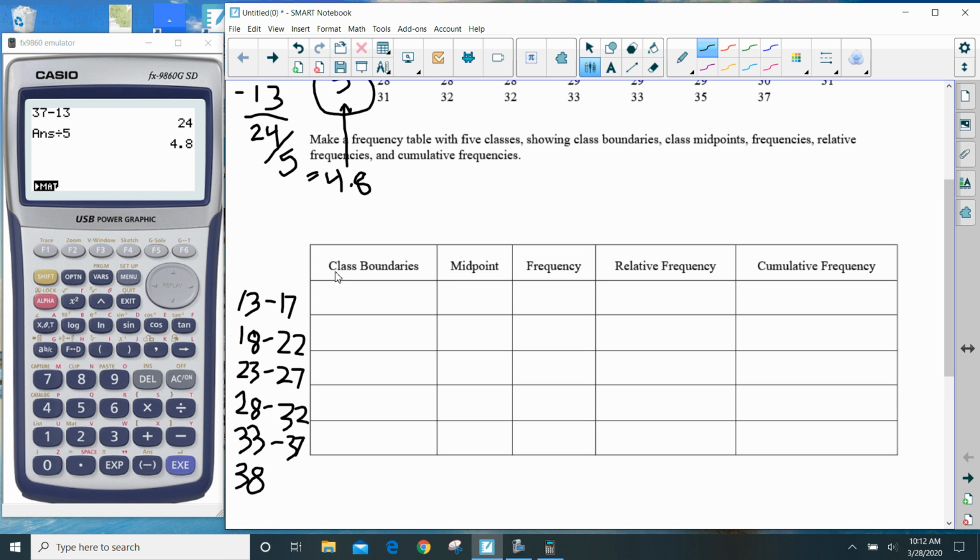Now what we do is we extend these boundaries. So if you recall, the smalls get a half smaller and the bigs get a half bigger. Let's make this a little bit smaller. So this would be 12.5 to 17.5.